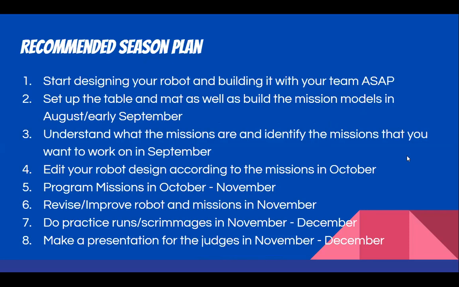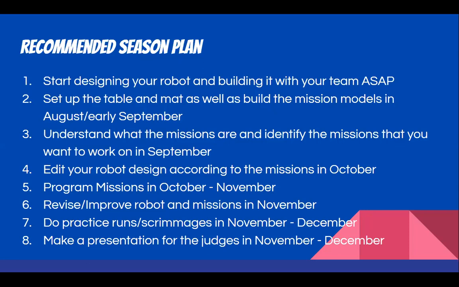For our recommended season plan, we recommend that you start designing your robot and building it with your team as soon as possible, and set up the table and mat as well, and build the mission models in August or early September. Understand what the missions are and identify the missions that you want to work on in September, and edit your robot design according to the missions you picked in October.